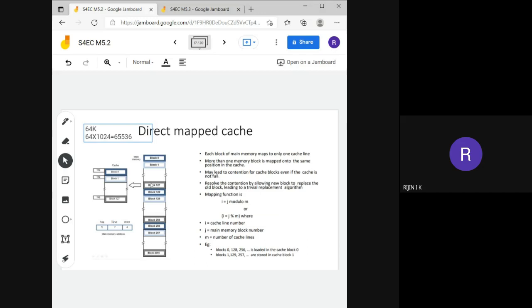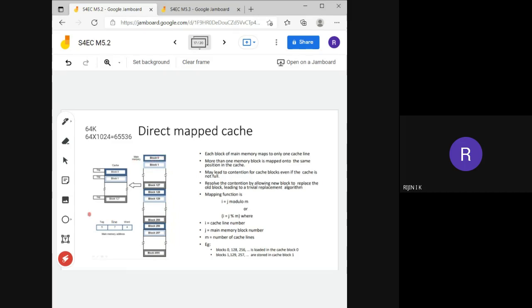Here the main memory is divided into a number of blocks, and each block has a size of 16 words.